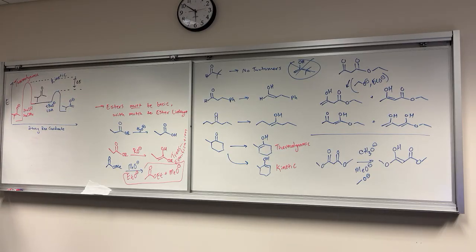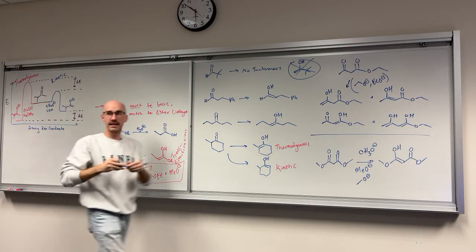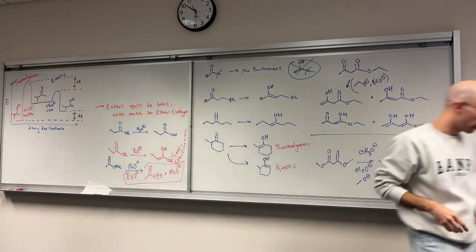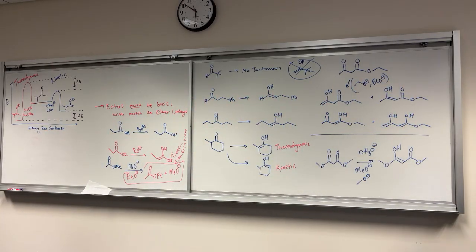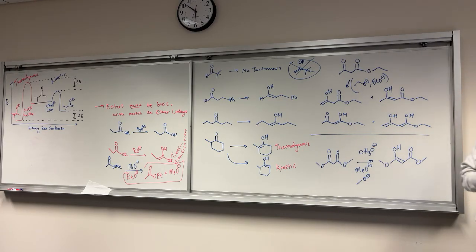Thermodynamic has the highest high and the lowest low. That's why I like to call it thermodynamic. I don't know if they had a better reason for it when they assigned those, but that is what I use. Once again, we're looking at the stability of the alkene.